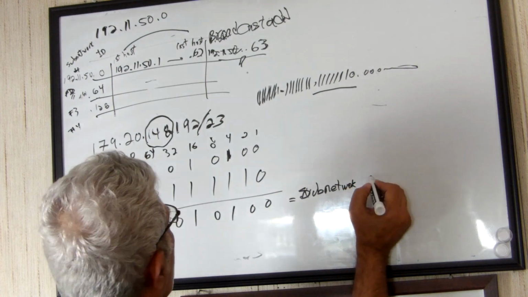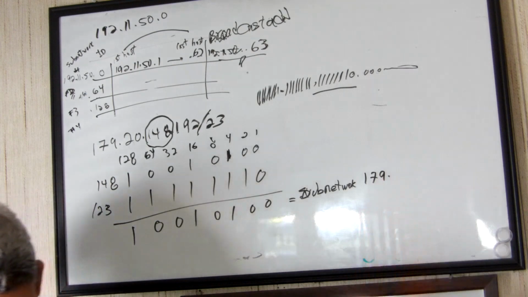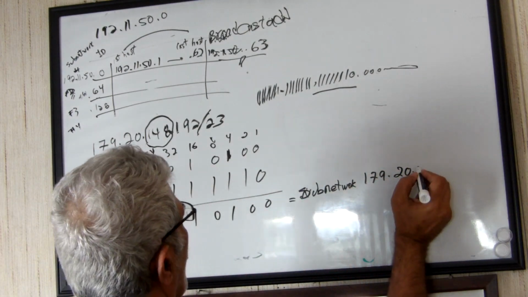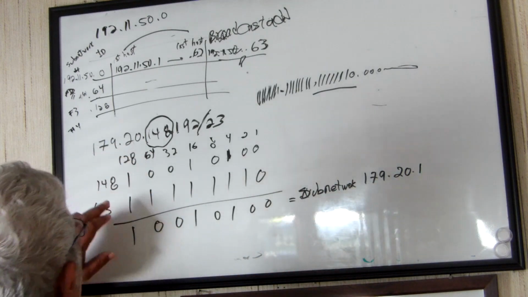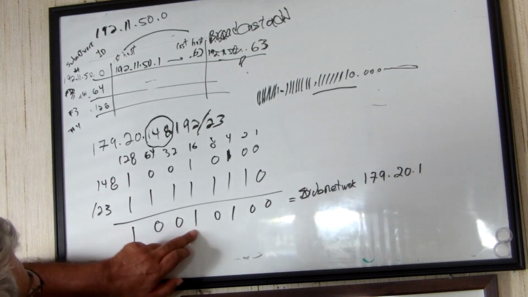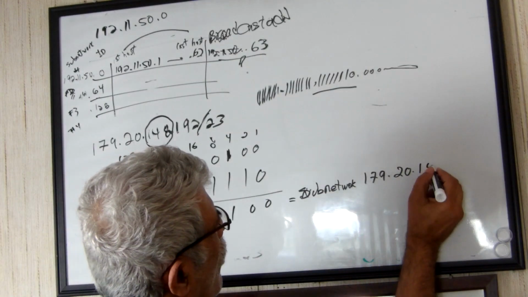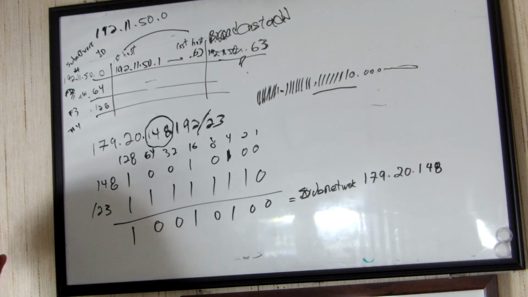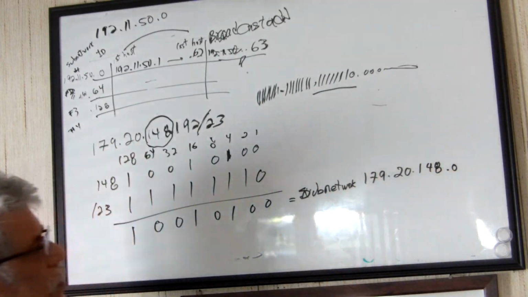The network address, the subnetwork ID, is going to be 179.20.148.0. That's the subnetwork ID.